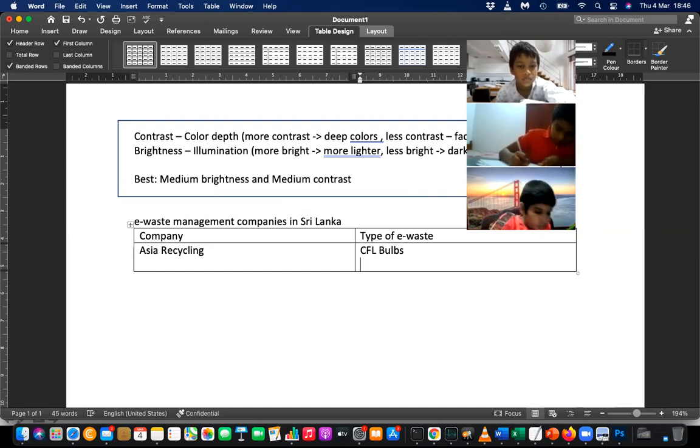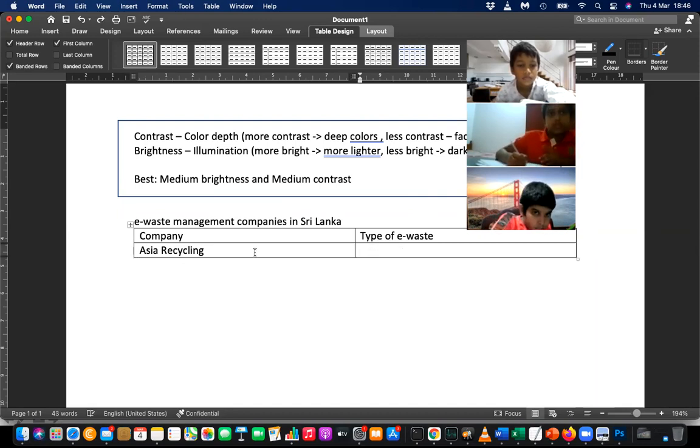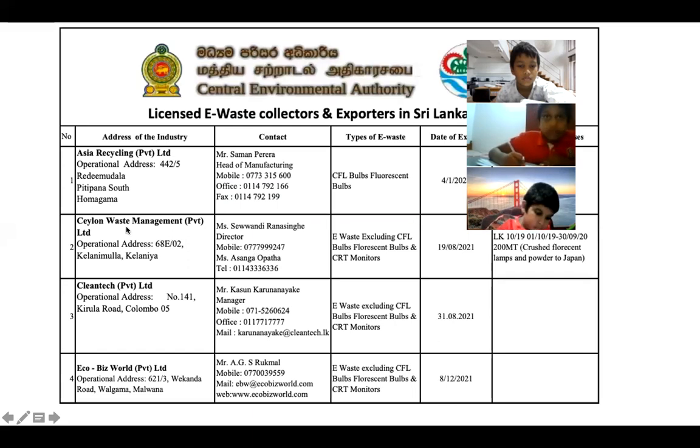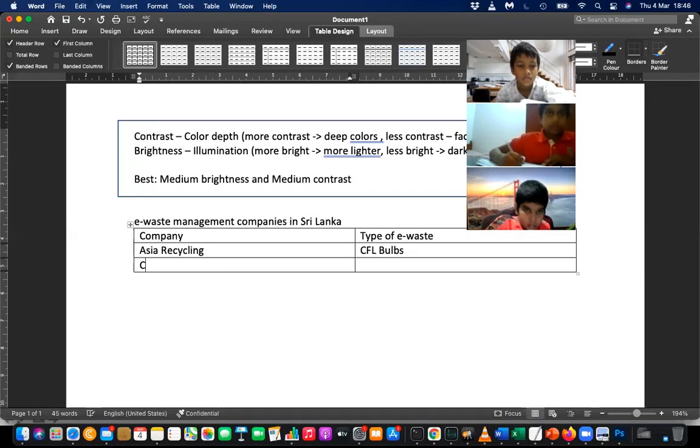The second company, I think you saw that, is Ceylon Waste Management.